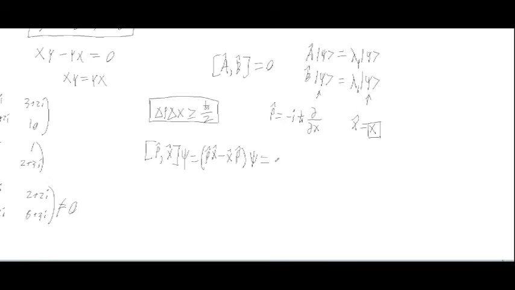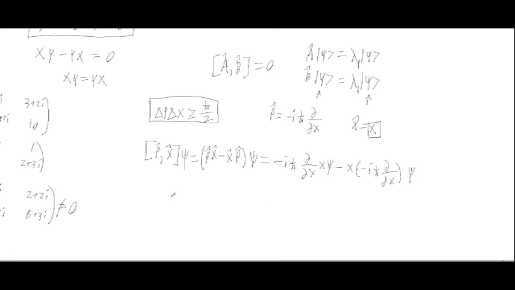And so what we have is our minus i h bar partial with respect to x times x acting on our eigenvector here, and then that is minus x multiplied by minus i h bar partial with respect to x, both acting on our eigenvector here, our wave function, if you will.